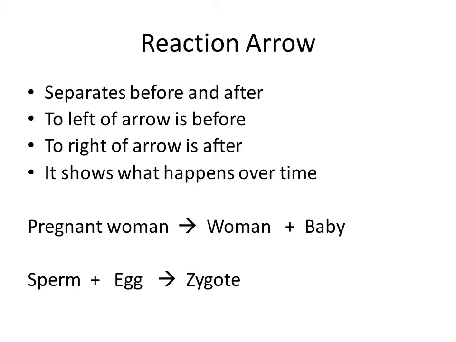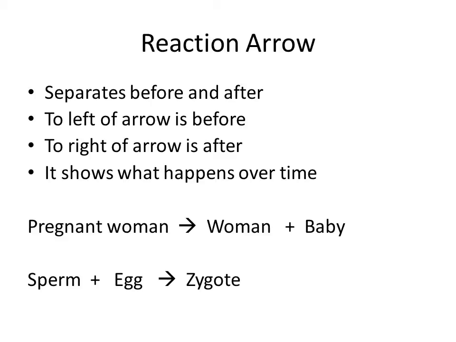Now we're going to look into the formation of cations and anions. In order to understand a reaction arrow, I've given you these simple examples down here. A reaction arrow is basically a time sequence. So if we look at this example of a pregnant woman, reaction arrow, and then we have woman plus baby.